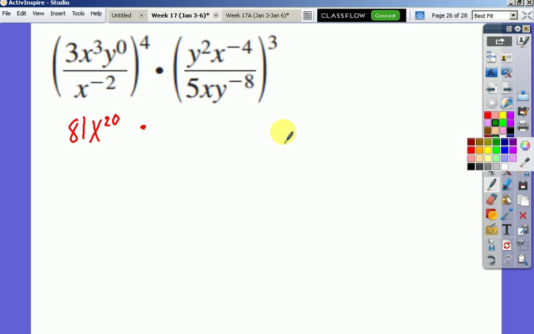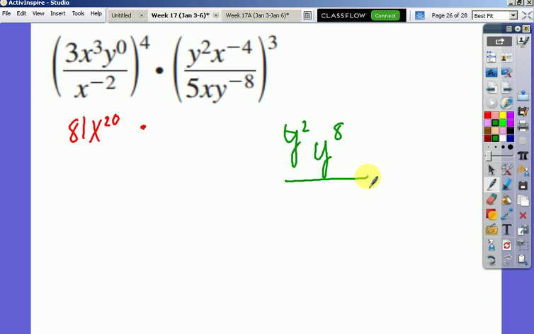We have a y squared, we have a y to the 8th, and then we have all of that divided by 5x, x to the 4th. And all of that raised to the 3rd power.